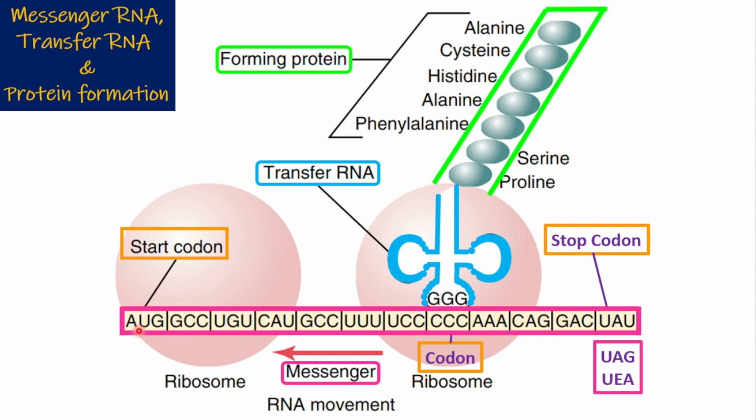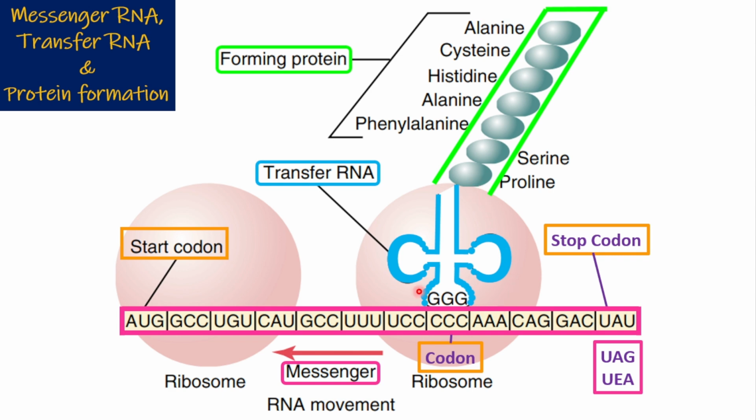The transfer RNA which has the UAC sequence in the middle will get attached here. Then the transfer RNA which has CGG, the counterparts of GCC, will be attached here. Each transfer RNA has the ability to carry a specific amino acid.